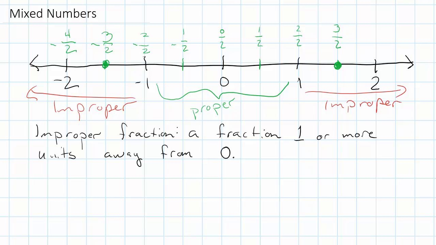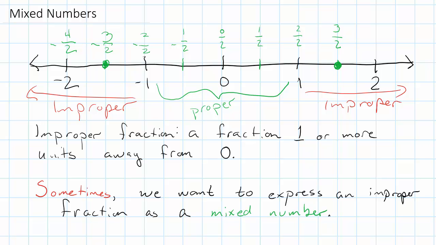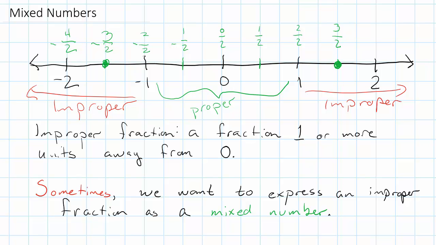When we have an improper fraction, there's another way that we sometimes want to express it. Sometimes, but only sometimes, we want to express it as a mixed number. So what is a mixed number?